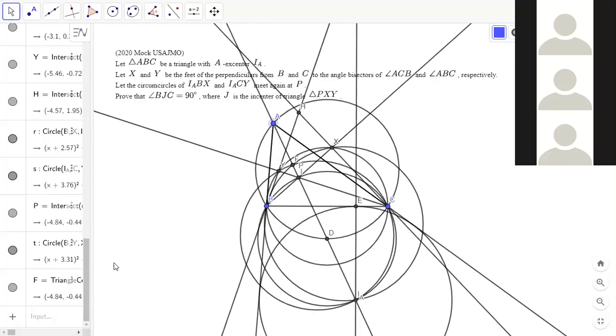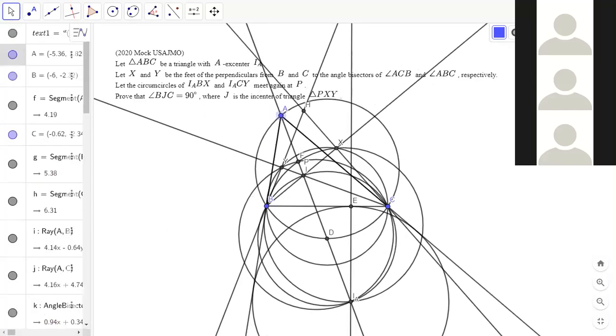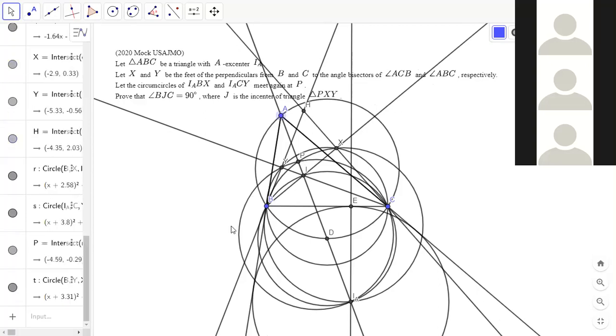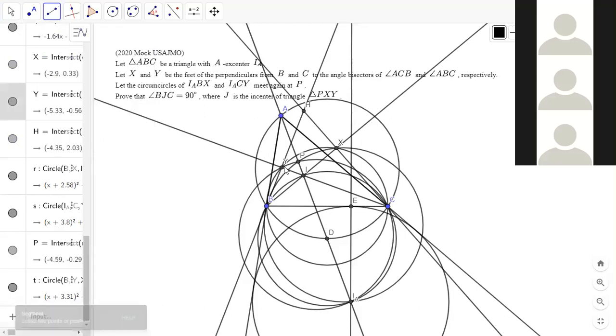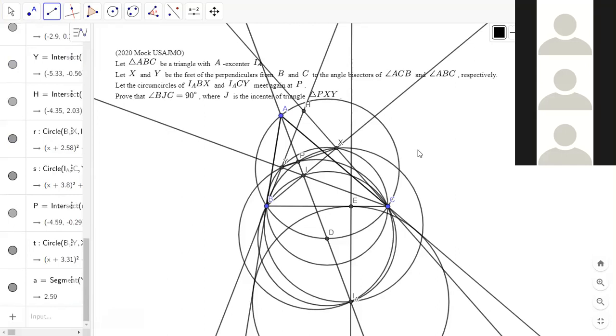Is it making F and P the same point? I'm confused. Yeah, that doesn't make any sense. Wait. F equals triangle center P, X, Y, 1. What? Oh, are PX and Y collinear? Yeah. But then the problem statement. When you hide the circles, I cannot understand anything. What? Can you hide the circle of BIC and the excenter circle? Yeah.